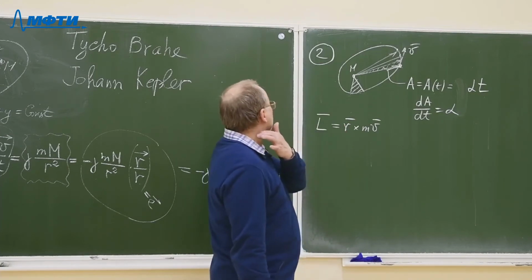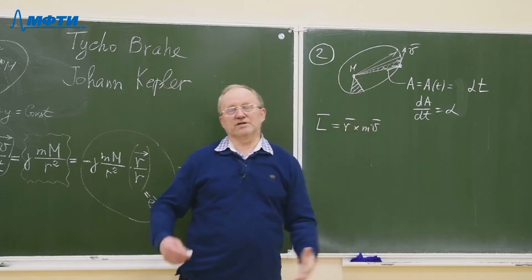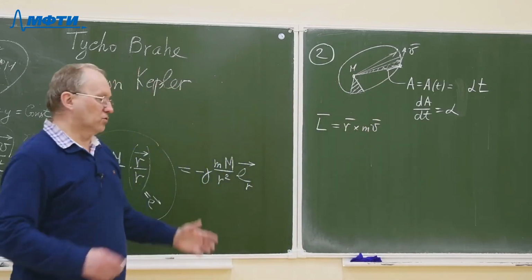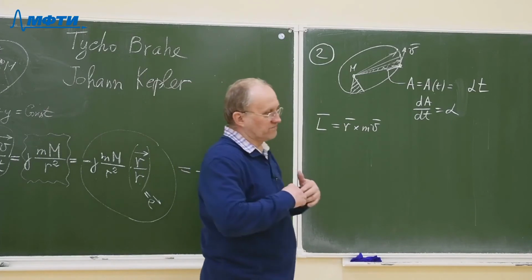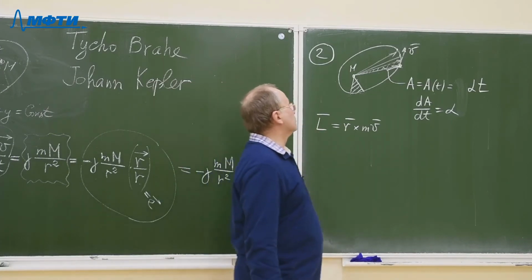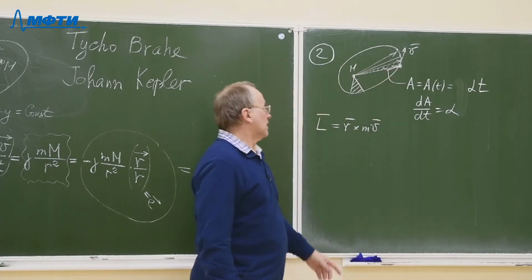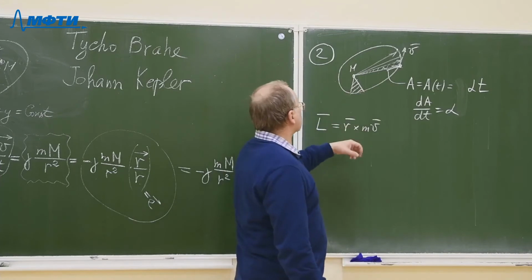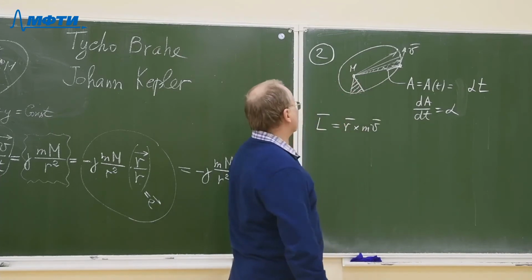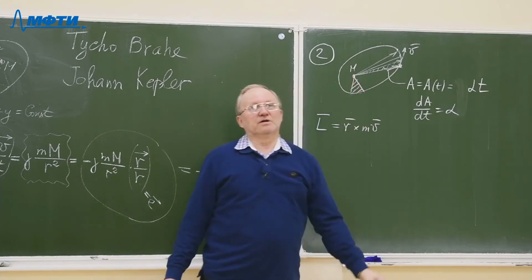And when we observe the solar system and the planets, no external forces actually are important, because all the other stars are very far away and their action is very small and negligible during the time interval of planetary motion about the Sun. So when we consider the solar system, only internal forces should be taken into account. And internal forces are the forces of a central field.